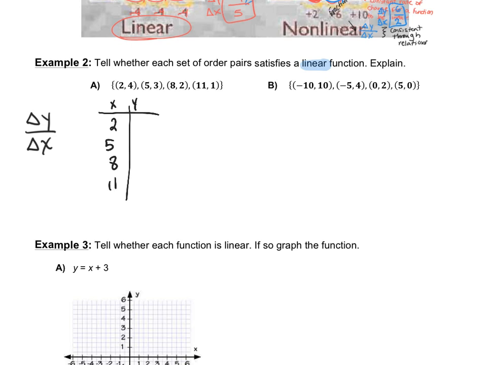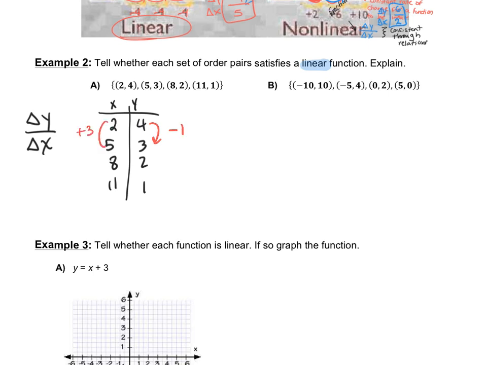And then our y values, if you look there, are 4, 3, 2, and 1. So again, what I've done is I just listed all my x's, 2, 5, 8, 11, then 4, 3, 2, and 1. We're going to calculate the change of y over change of x. Here, we went down by 1, and here we went up by 3.